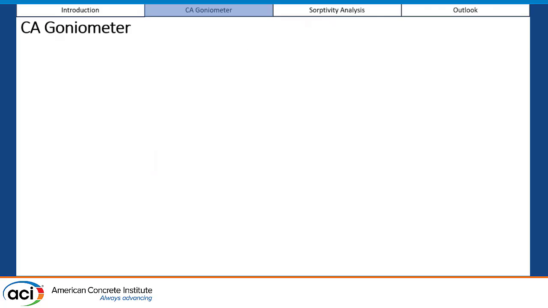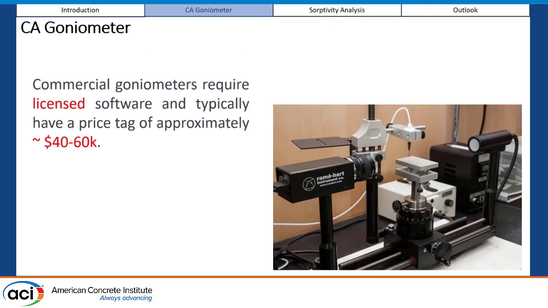So how to measure contact angle? There is a very simple device called a contact angle goniometer, which measures the contact angle. We have a light source, a camera, a mechanical stage, and a syringe that dispenses water.